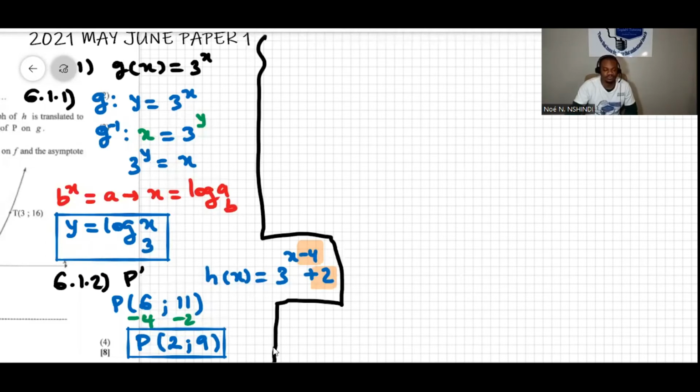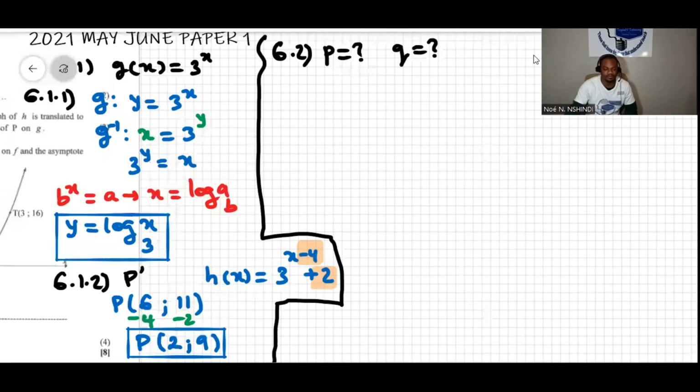So 6.2, we need to determine the values of p and q. How can we do that?